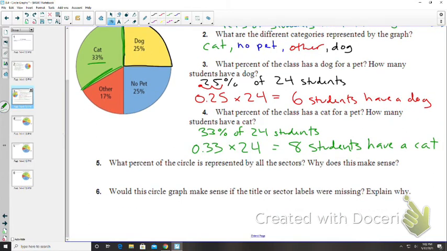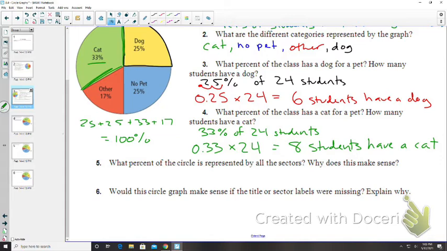All right, so last couple questions. So number 5, what percent of the circle is represented by all the sectors? So note that there's nothing missing. If we add these up, 25 plus 25 plus 33 plus 17 is equal to 100%, right?